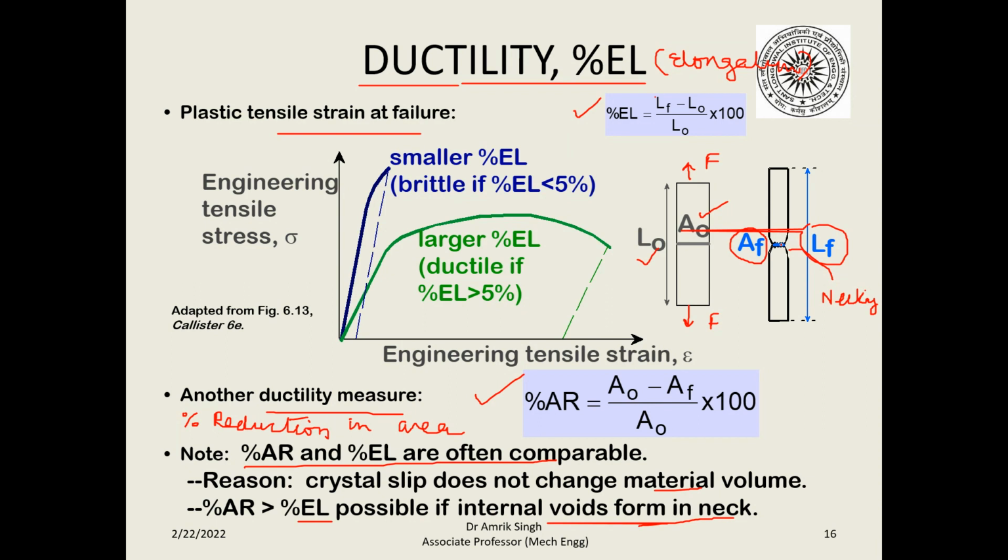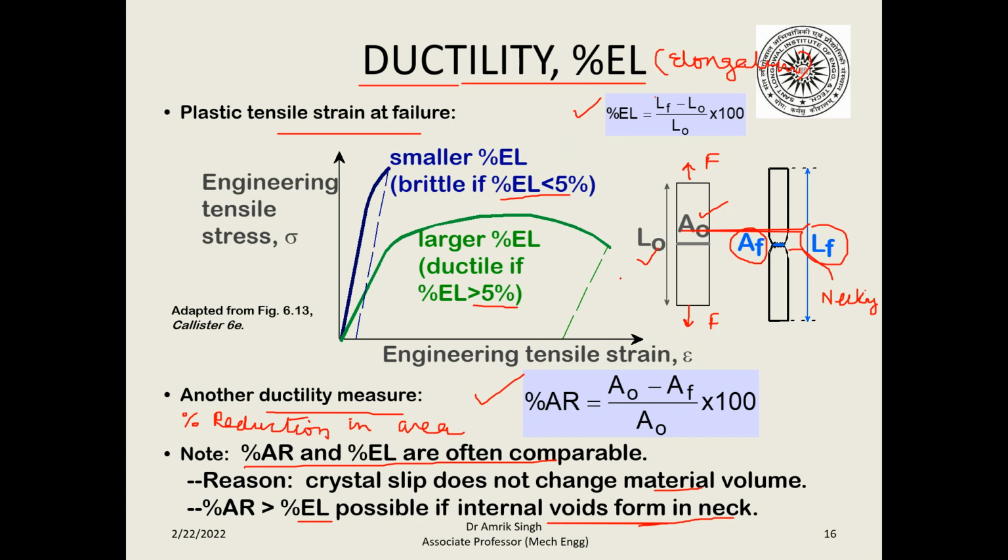If we plot, smaller percentage elongation is for brittle material; this curve is for the brittle material, with percentage elongation less than 5%. Larger percentage elongation means ductile, with percentage elongation more than 5%.